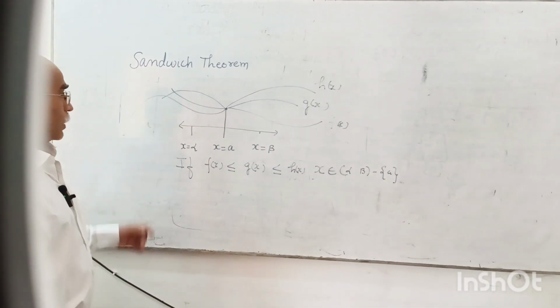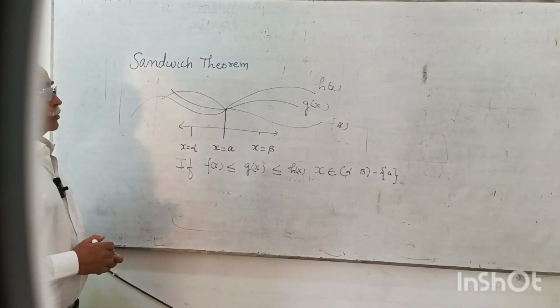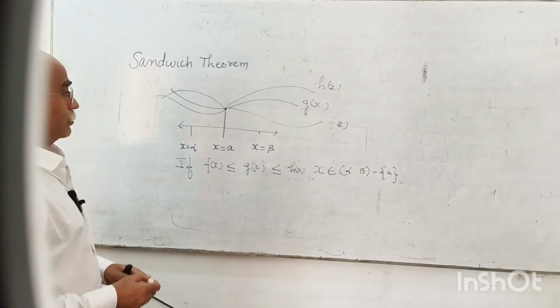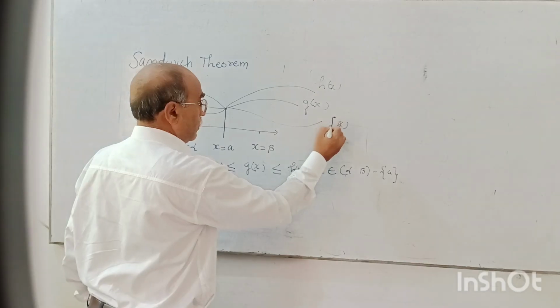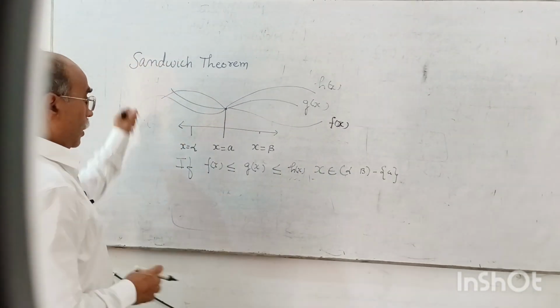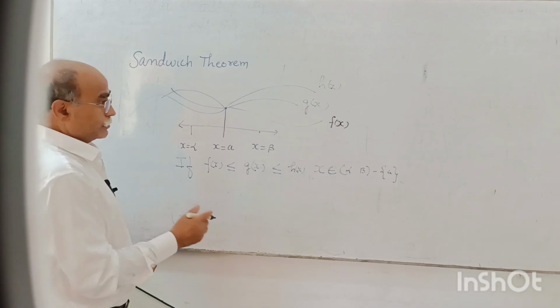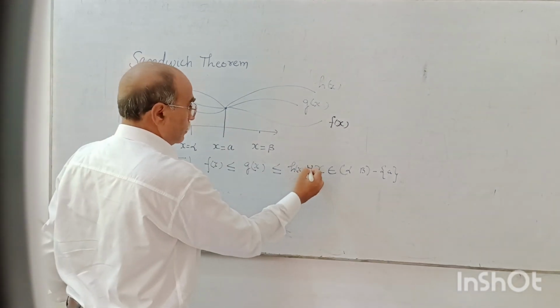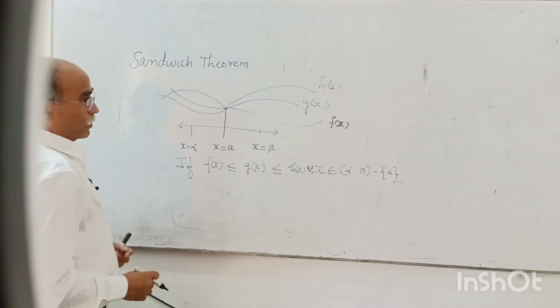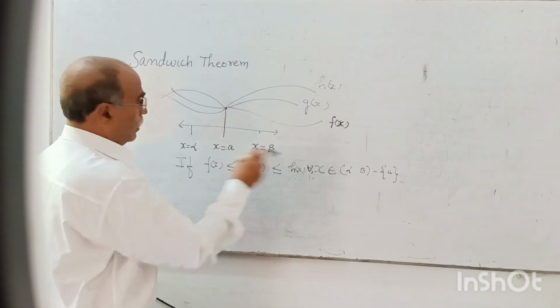So dear students, I repeat, we have three functions, f(x), g(x) and h(x). These three functions are increasing for all values of x belonging to the interval (alpha, beta), and necessarily not at a.